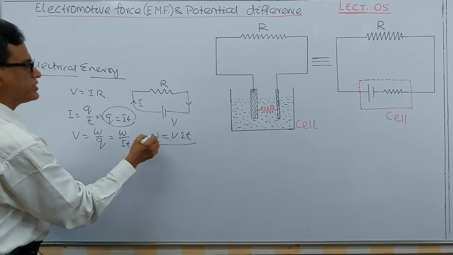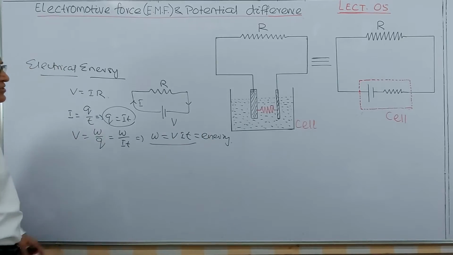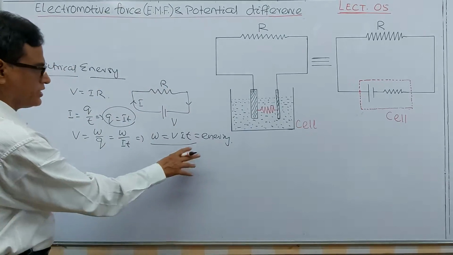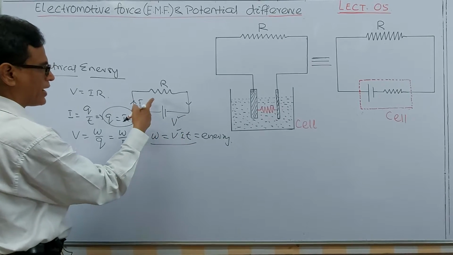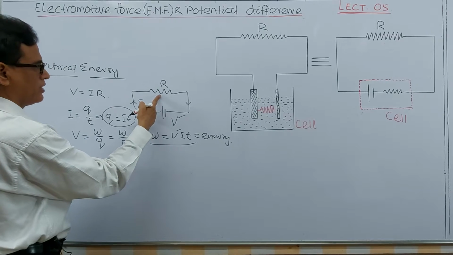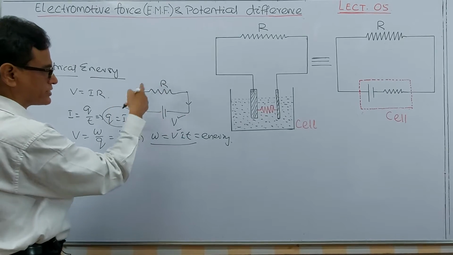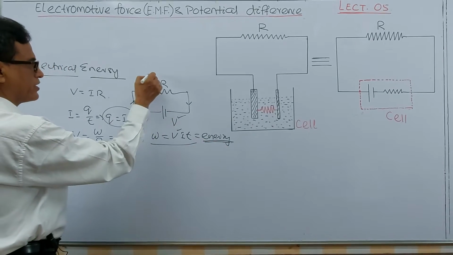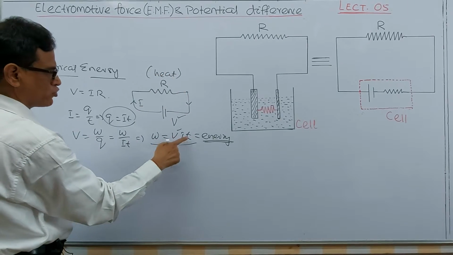This work is nothing but electrical energy. I think you have read this in school, still you should know it here. Electrical energy or electrical work. That means if V is the voltage applied across a resistance R for time t such that current I flows across it, then the electrical energy spent on heating is W equal to VIT.